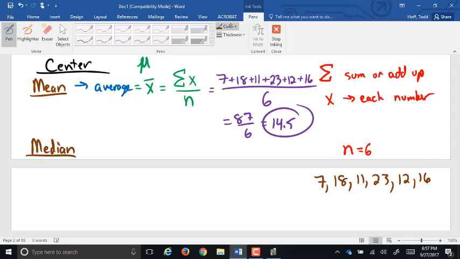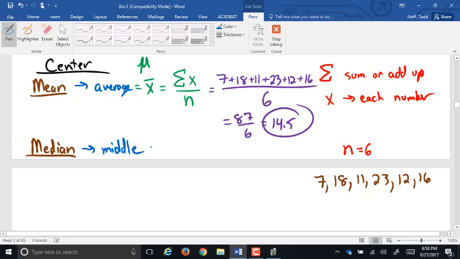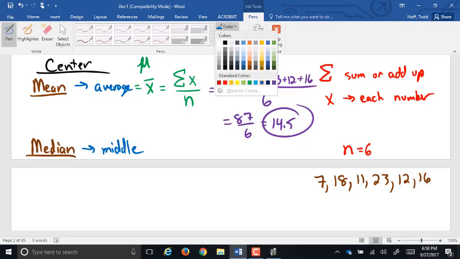Our next measure of center is the median. The median is the middle. Now, all of these are trying to describe the middle, but the median is physically in the middle. To find the median, it takes a few steps.